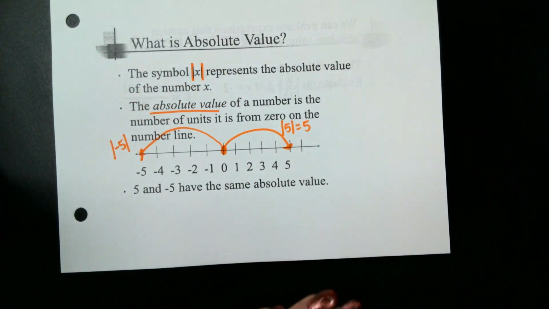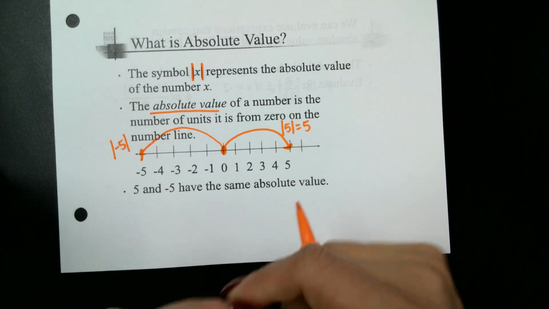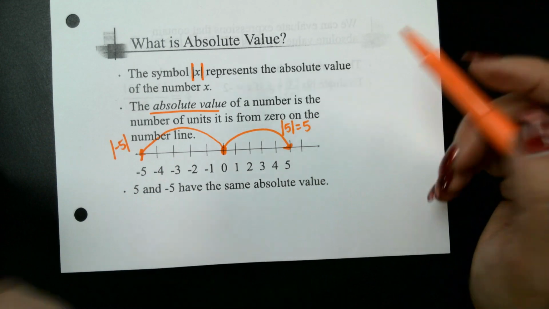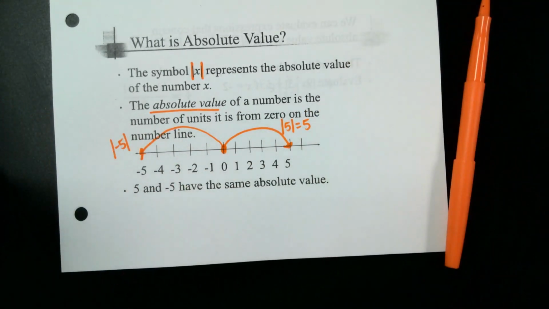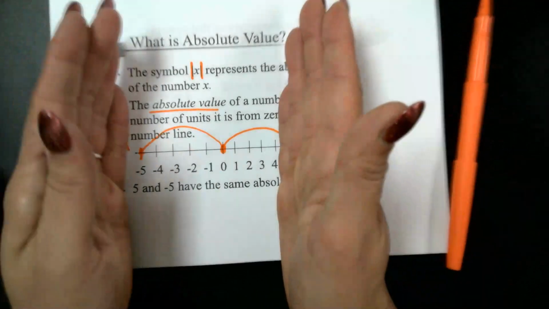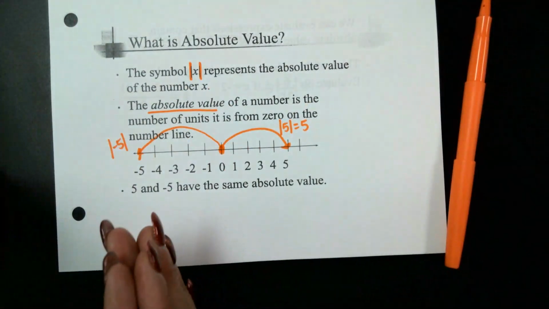Well, isn't that still 5 units away from 0? And we don't ever say go negative 5. We say just go 5 to the left. So whether it's a positive 5 or a negative 5, they are both the same distance from 0 on a number line. That's why we're going to have two solutions, because we can have both the positive and the negative as our answer. Okay?